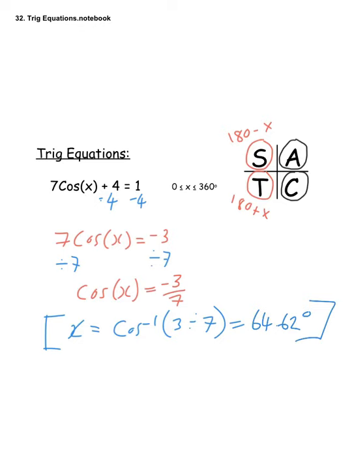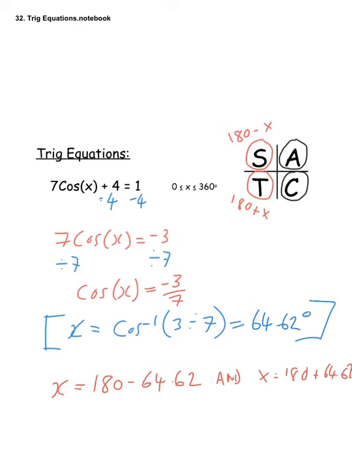However, that's not our final answer. Our final answer is that x is equal to 180 take away 64.62, and x is equal to 180 plus 64.62.